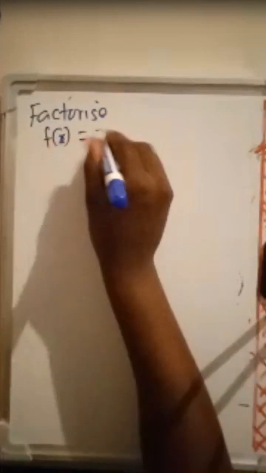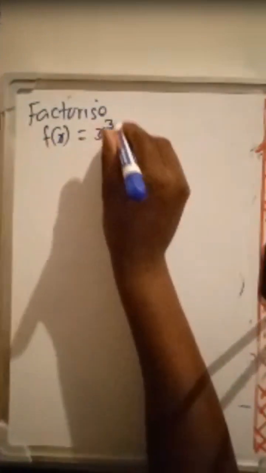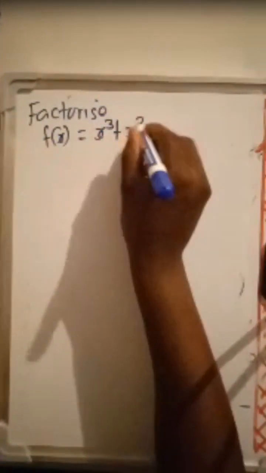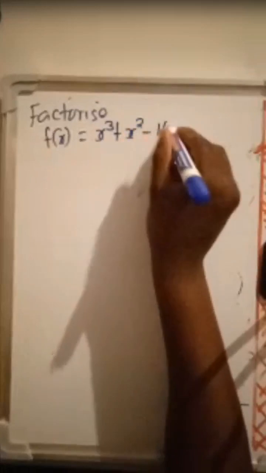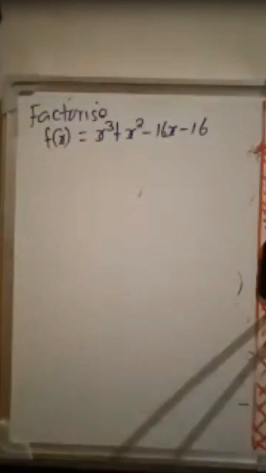Factorize f of x is equal to x cubed plus x squared minus 16x minus 16, like that.